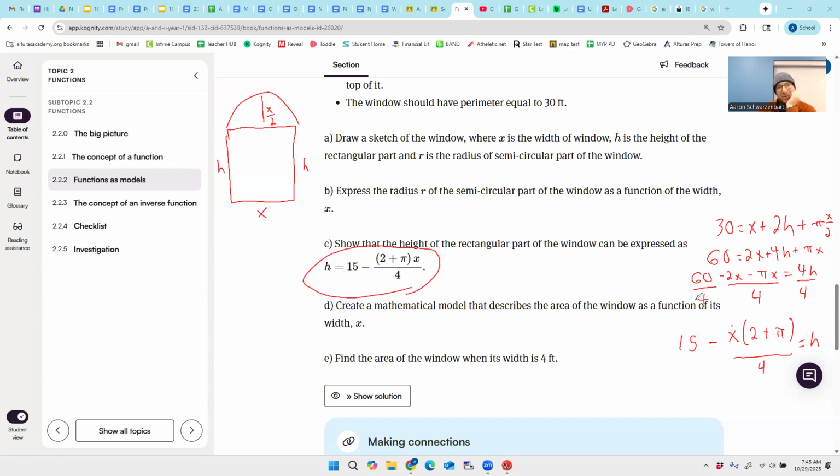Create a mathematical model that describes the area of the window as a function of its width, x. So, area equals the rectangle xh plus half of the circle. And I know h, and I can plug in.